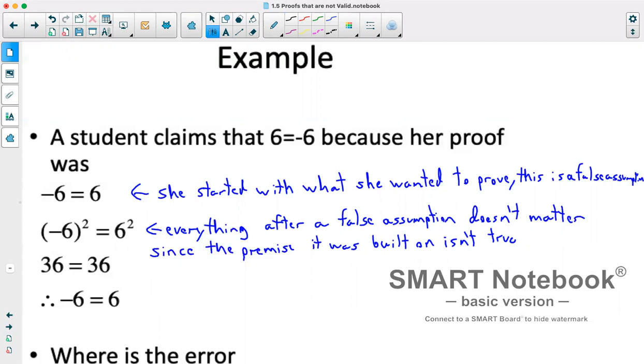So everything after a false assumption is not true because what we're building on isn't correct to start with. If you're trying to prove something, you can't start with what you're trying to prove.